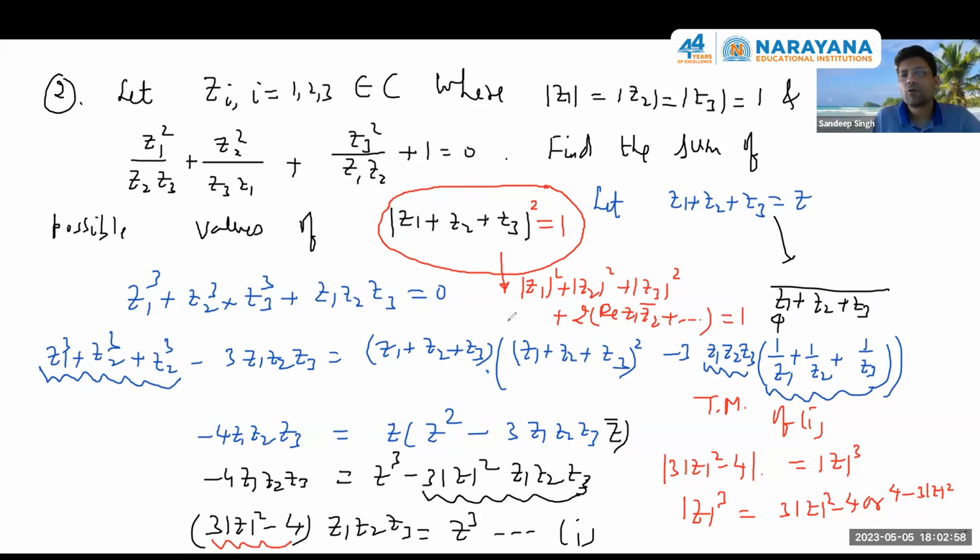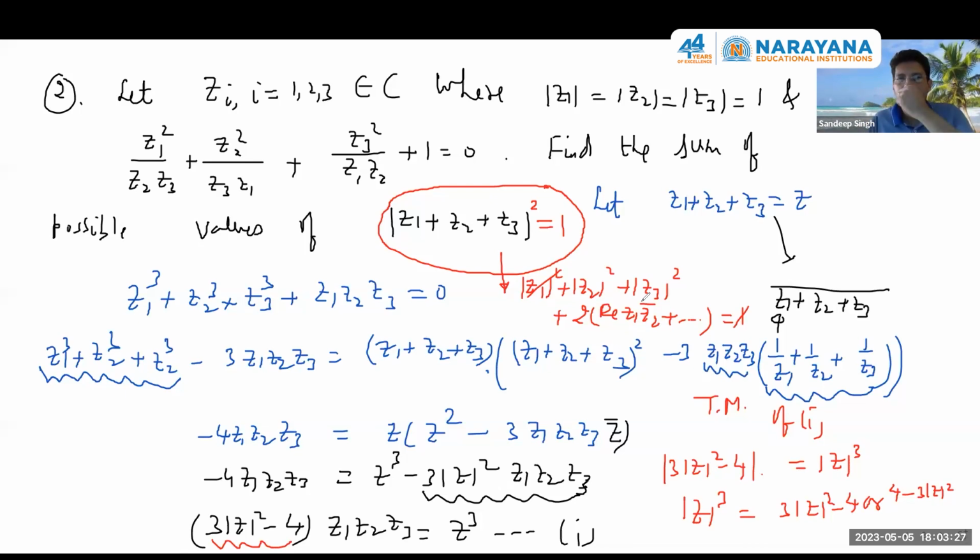Mod Z1, mod Z2, mod Z3, all are 1. So let me cancel one of them. So is it possible for an equation to happen like this? Yes, it is possible. Can you suggest something? Because this could be a further argument. You have to tell me a single triplet Z1, Z2, Z3 which satisfies this condition.